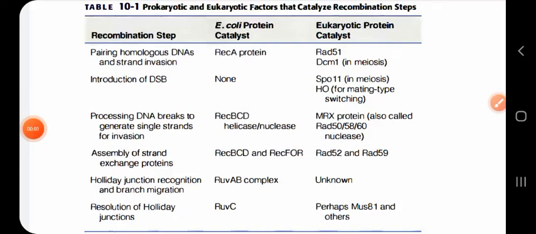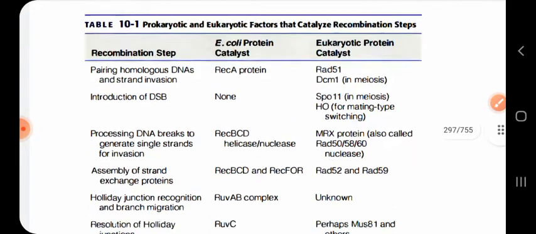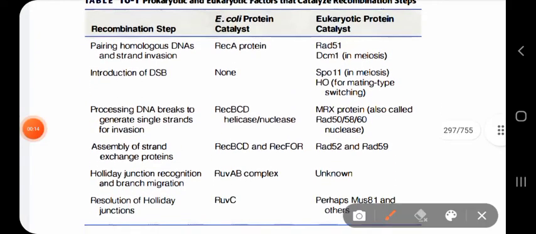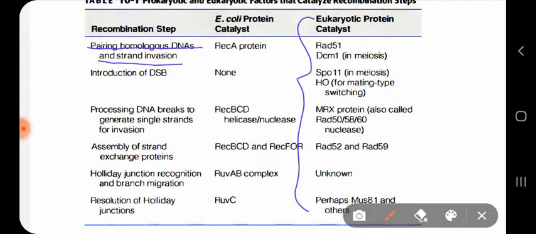So I have talked to you about homologous recombination in prokaryotes. Now I will try to discuss the eukaryotic process of homologous recombination. In eukaryotes, the pairing of homologous DNA and strand invasion is carried out by the RAD51 and DMC1 proteins.